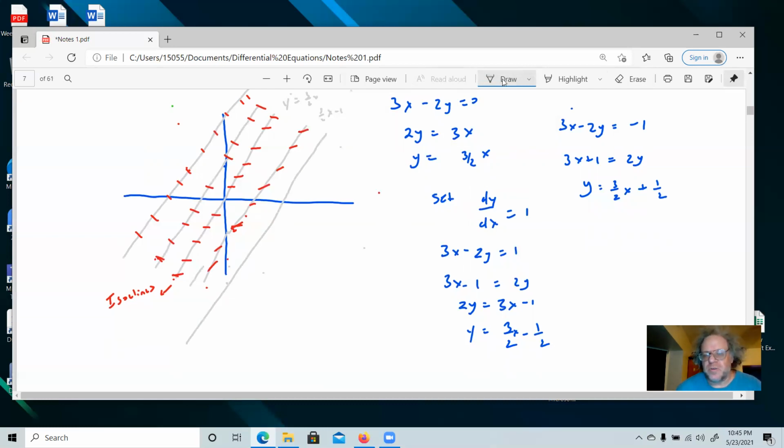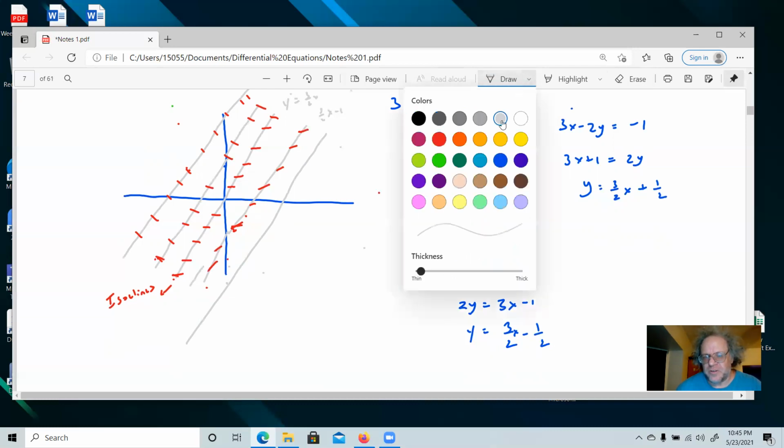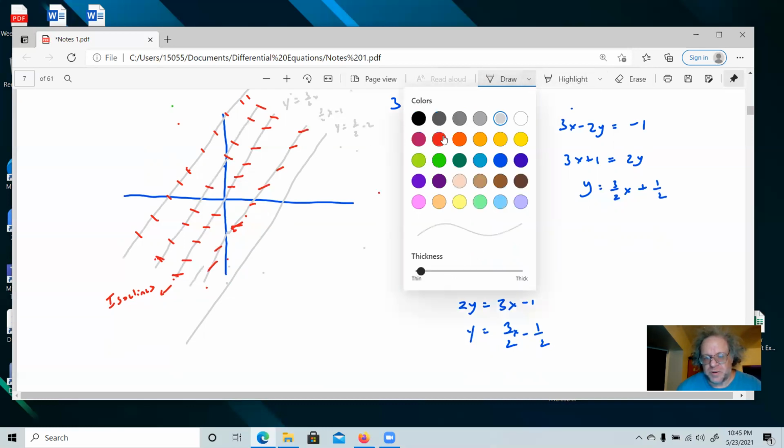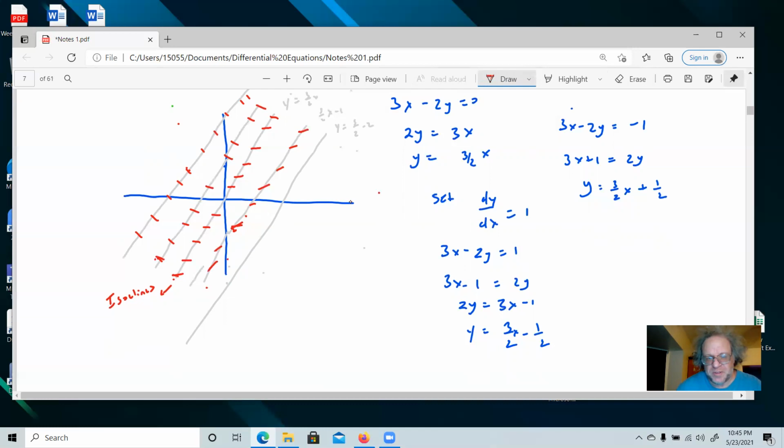So this one's going to be an isocline with y equal to 3x minus 2. And that was a positive slope of 2, which is going to be really hard because it's got to be steeper than this, because this line is only 3/2.